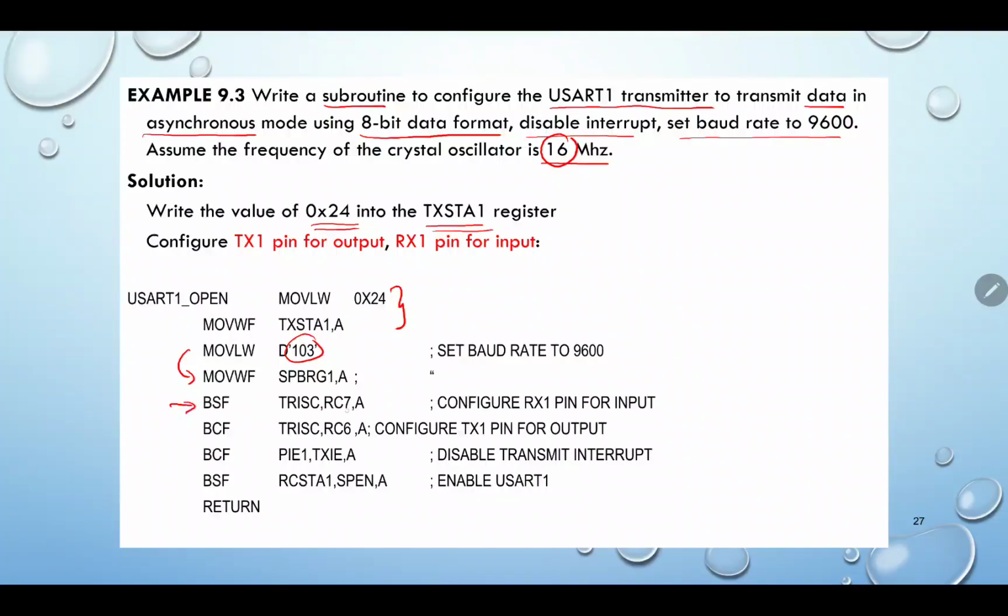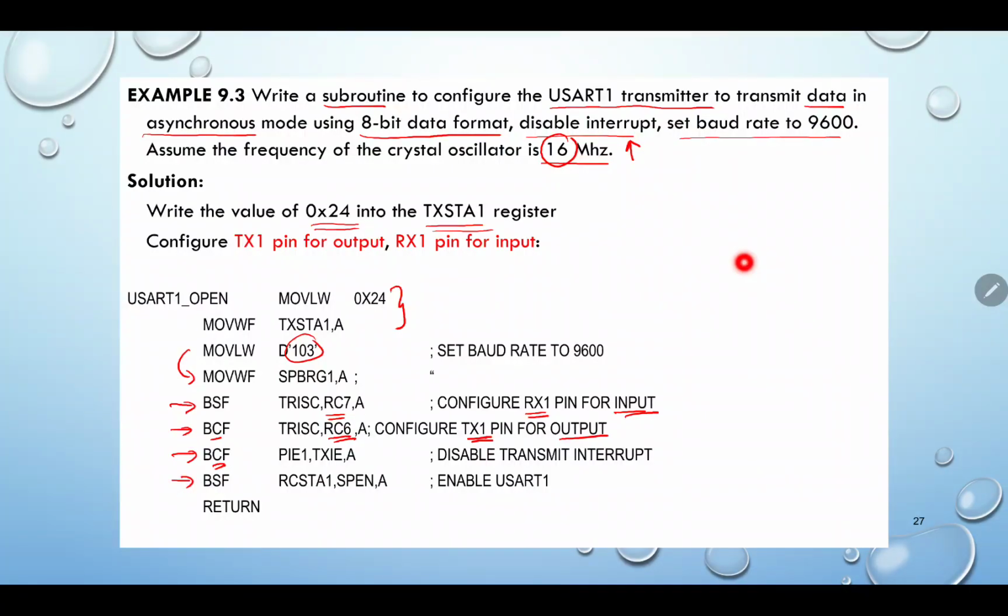And this part, what we are actually doing is configuring RC7, which is the receive pin, as an input, and we clear RC6 because we want to configure it as transmit, which is output. And of course here we disable the transmit interrupt because the question says you disable the interrupt.